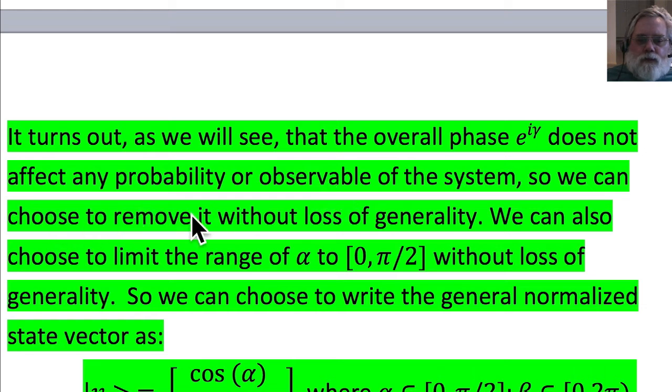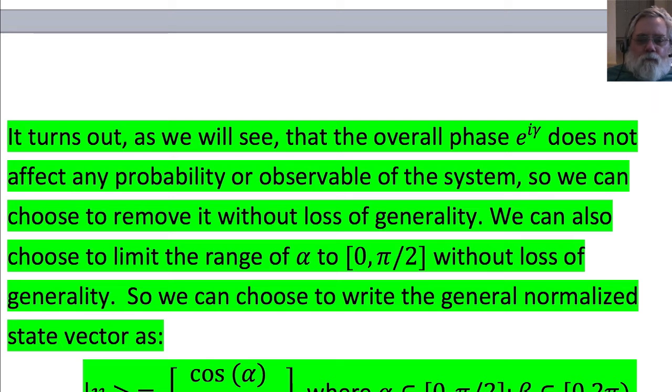So we can choose to remove it without loss of generality. When we remove it, we have changed the vector in the vector space, but we've changed it to a vector which is totally equivalent in terms of the physics of the system. And that's fine to do and useful to do.